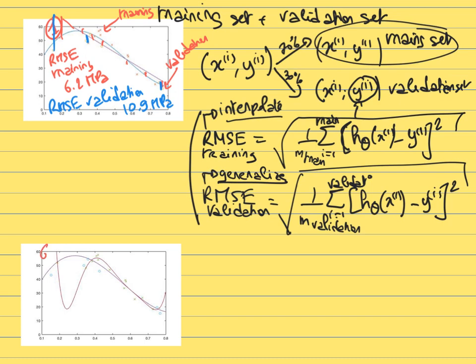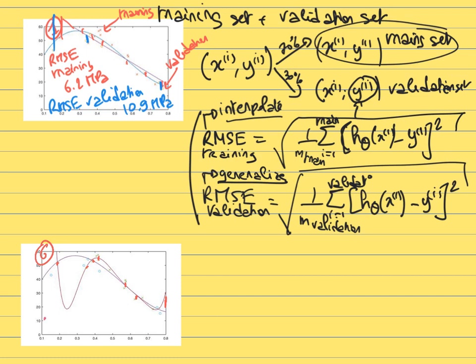So now let's take the case of a degree 6 model. If we look at how well the model manages to interpolate the training set, then it's pretty good. It looks like it's doing a pretty good job at interpolating the training set. The error is pretty low.